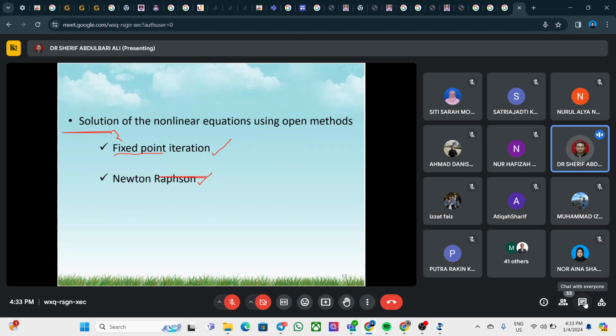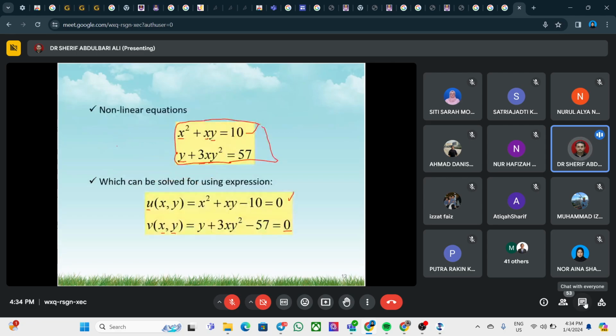Yes. So I need to rearrange the function to have x on the left side of the equation, right? But in this case with the nonlinear equation, I have two unknowns, which are x and y. So for the nonlinear equation, or simultaneous nonlinear algebraic equations, I rearrange the first equation to have x on the left side of the equation.